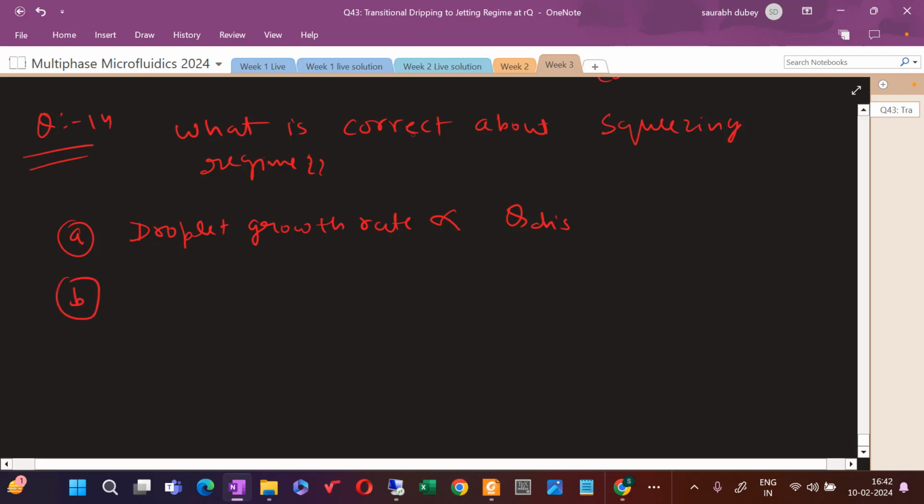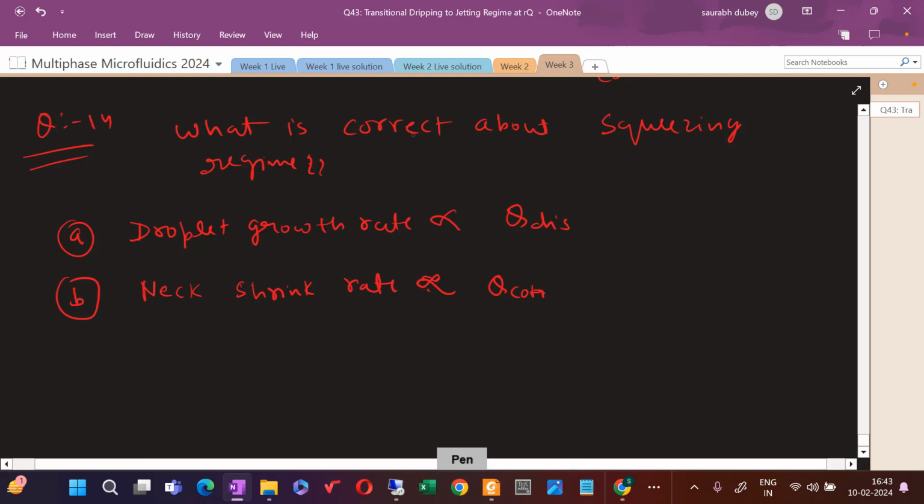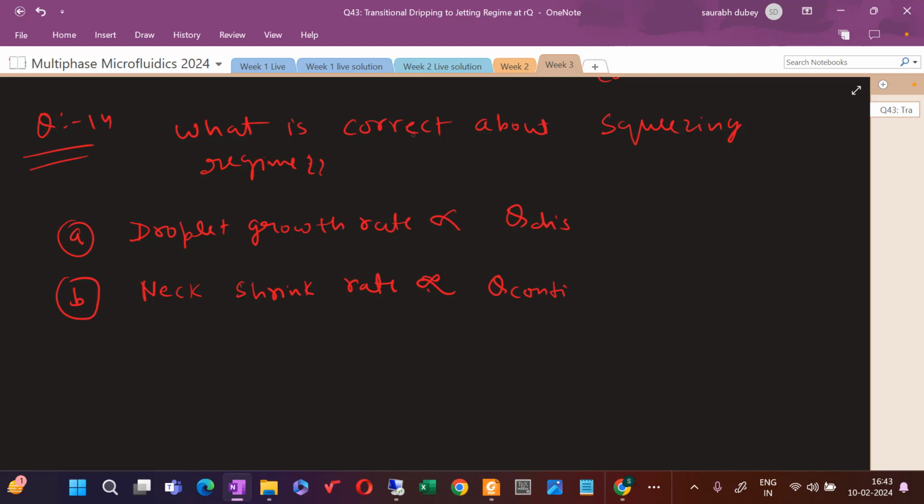Another one is droplet growth rate is dispersed phase, and neck shrink rate is directly proportional to Q continuous.